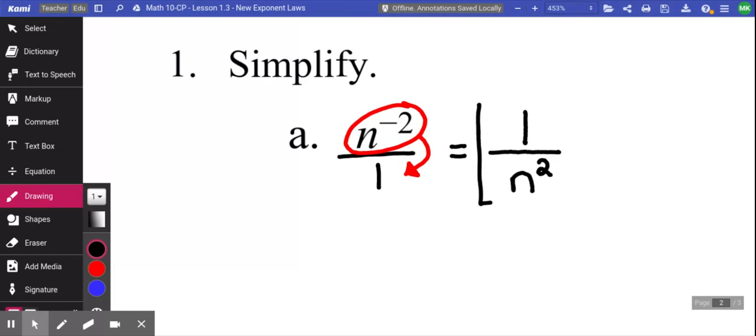That would be your solution. Took my negative power, moved it to the bottom, that turns it positive. It's kind of a weird rule.